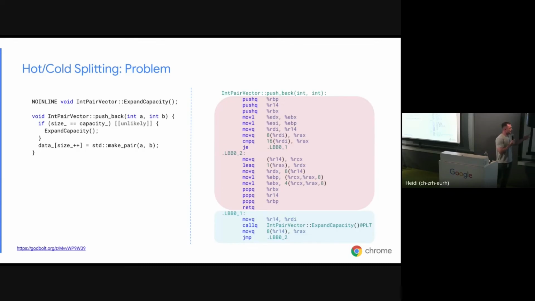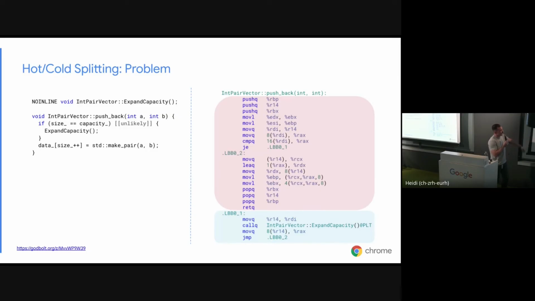We push back into the vector, and if we run out of capacity, which is the cold path, we call expand capacity, which is no inline, and we want to keep it no inline so that we don't pollute the I cache with other instructions, right? And in the hot path, we just insert the integer pair into the backing store.